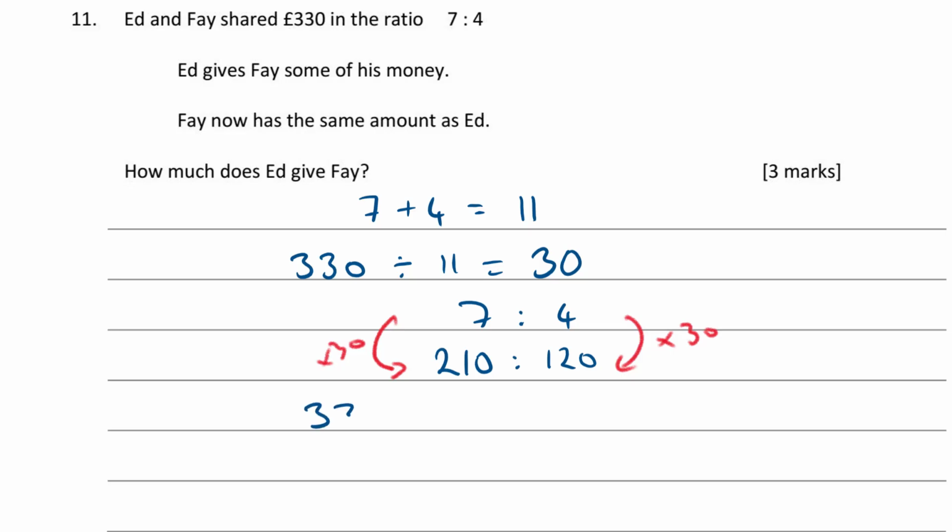I'm just going to write down 330 divided by 2 is 165. So 210 subtract 165 is how much then that Ed gives Faye. So 210 subtract 165, what's that then? It's 45, isn't it? So the answer is that Ed gives Faye £45.